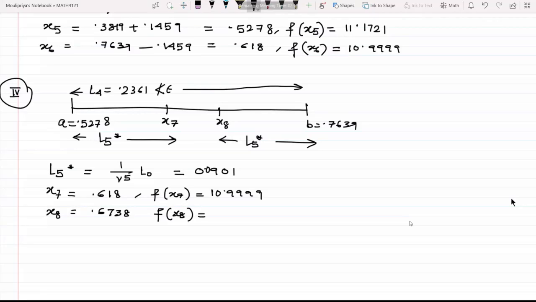It is 10.96. That we are going to eliminate.